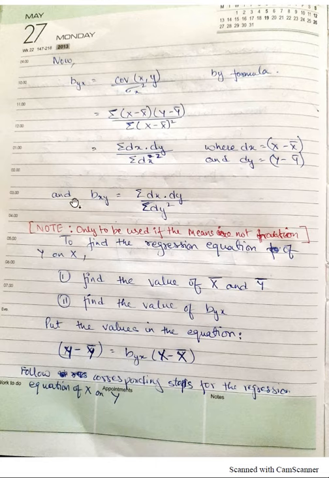And similarly, the regression coefficient of x on y can be written as summation dx into dy divided by summation dy square, where dx is equal to again x minus x bar and dy is equal to y minus y bar.